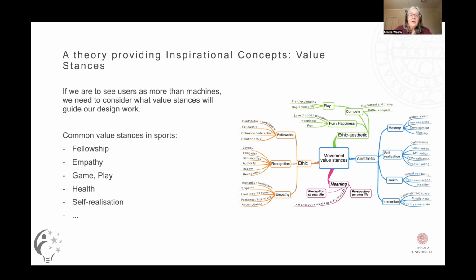In the report, we are discussing in particular common value stances in sports, such as fellowship or empathy and so on. So if you are doing a design project that's targeting sports in particular, then these values are potential values that you could be designing for, and you might be designing for them completely without realizing that you're working with that particular value.